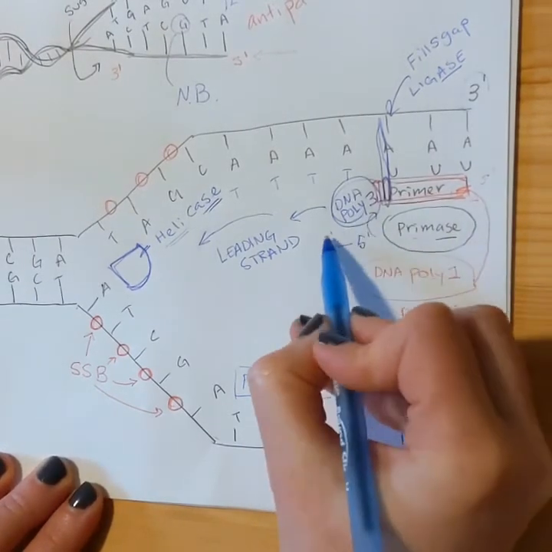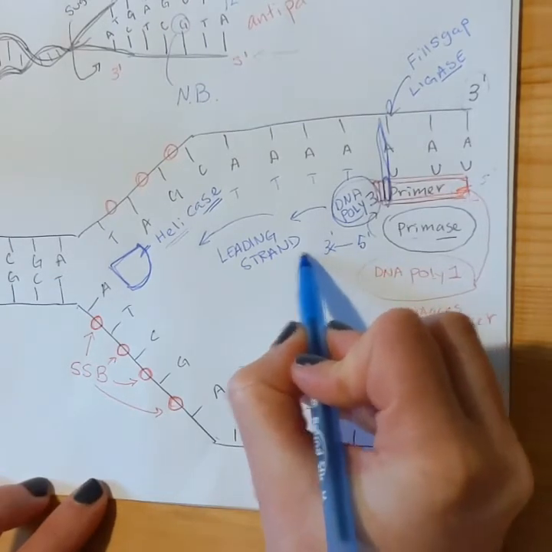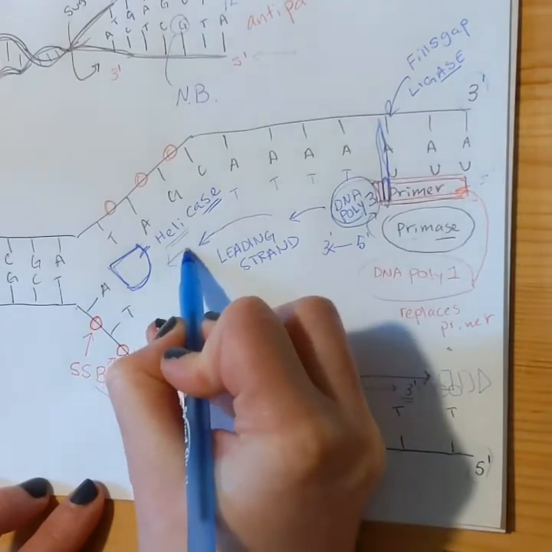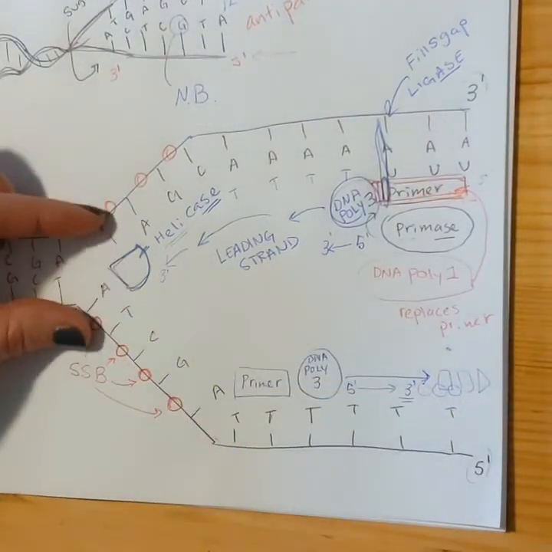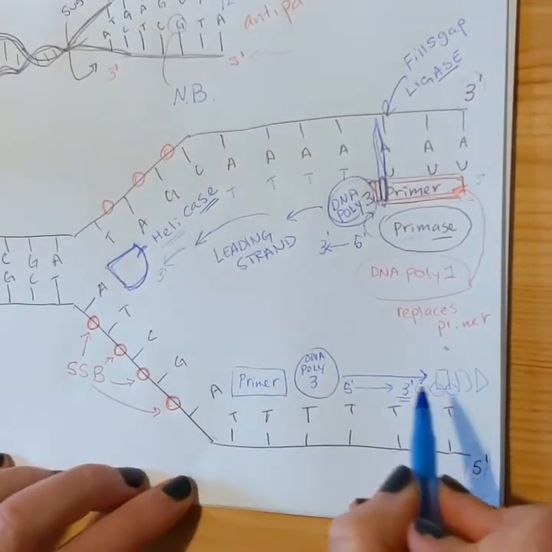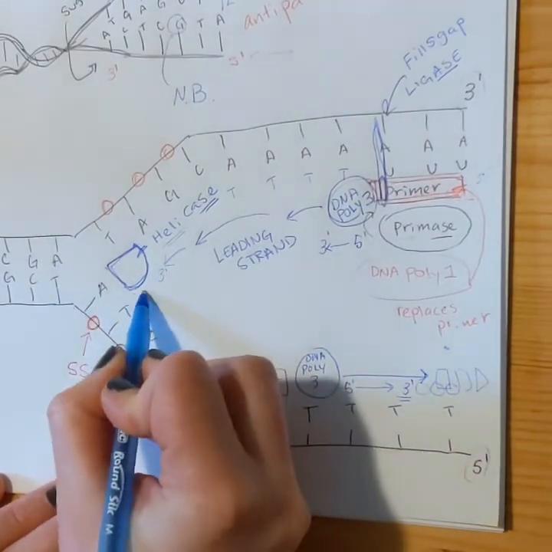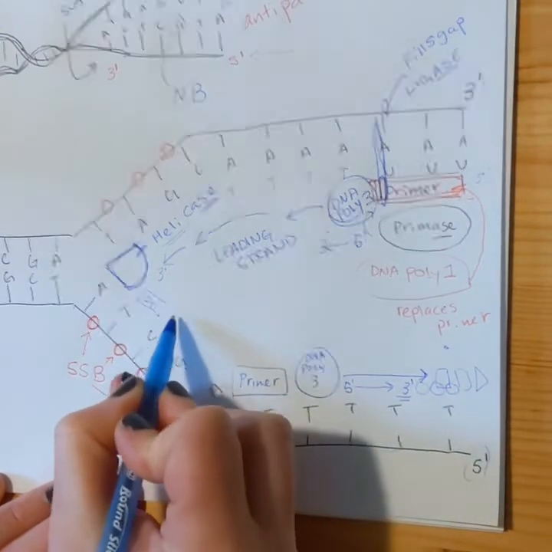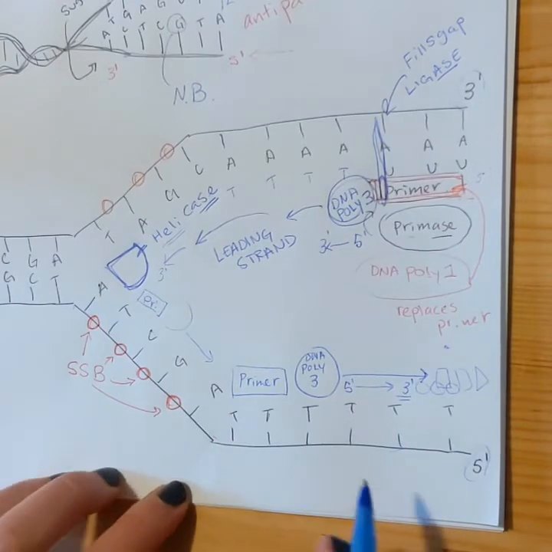On the leading strand, DNA polymerase 3 was going in the same orientation, but because the 3' strand was leading toward the replication fork, you could just keep adding nucleotides as your DNA unzipped further and further. So as our helicase continues to unwrap the DNA, I'll get another primer up here, and that means I'll have another DNA polymerase 3 going in this direction.